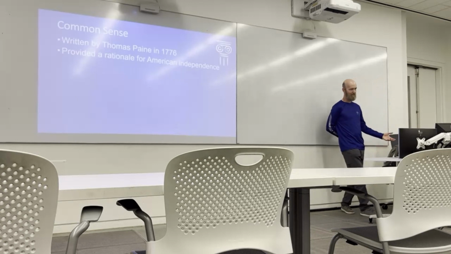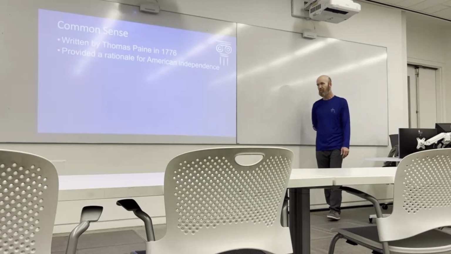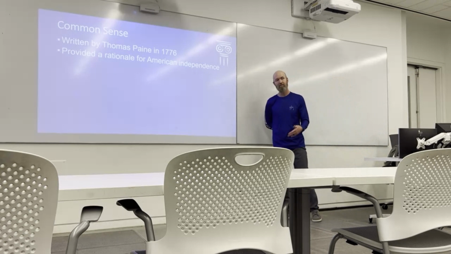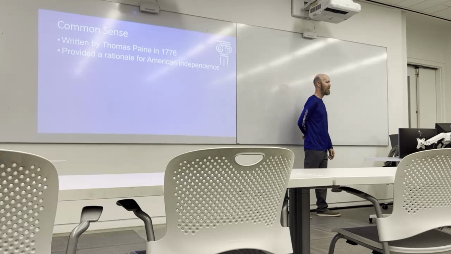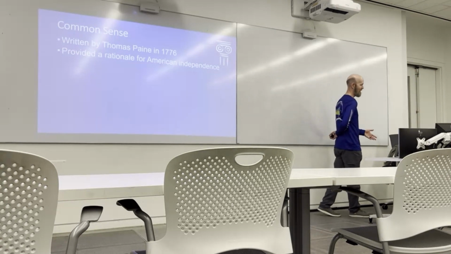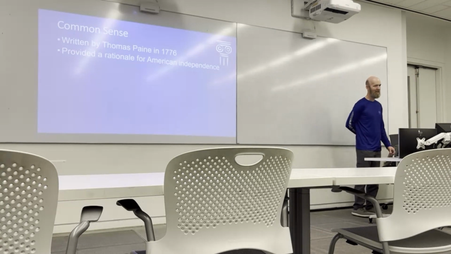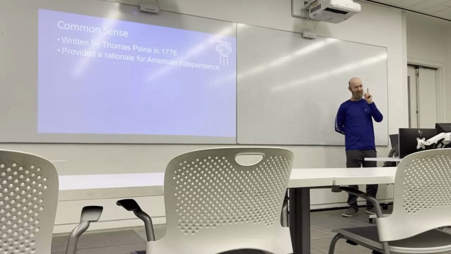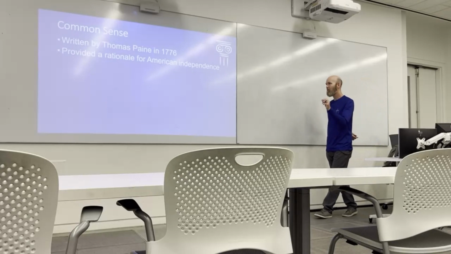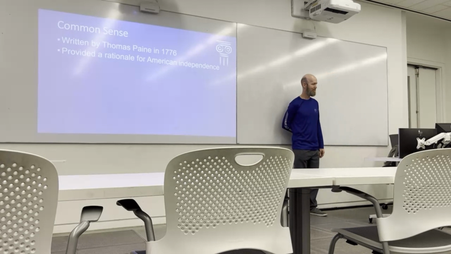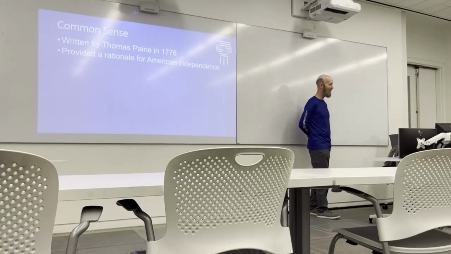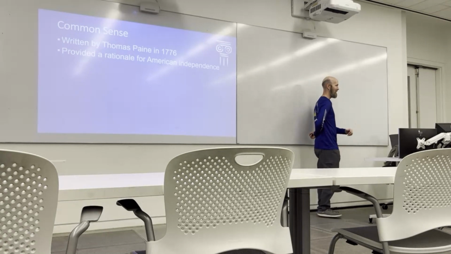The pamphlet / short book, Common Sense. You might remember it was written by Thomas Paine in 1776. They could ask you who wrote Common Sense or which book Thomas Paine wrote. That's Common Sense. But a key is to know that it provided a rationale for American independence. The whole point of Common Sense was to explain to average people why they should support independence.